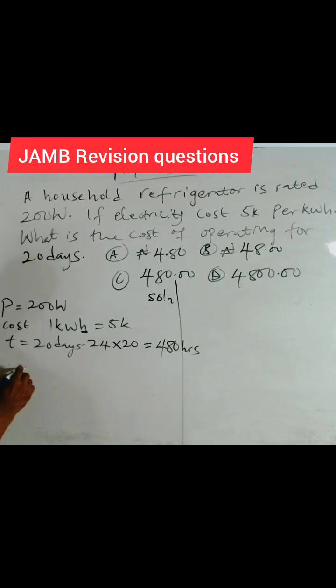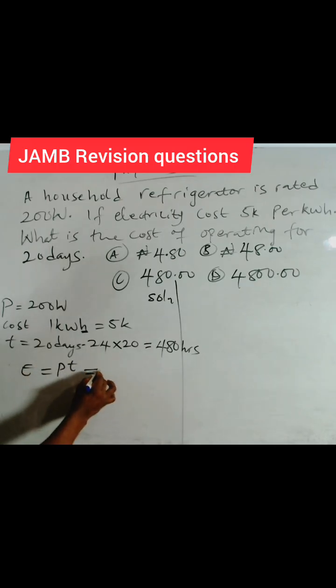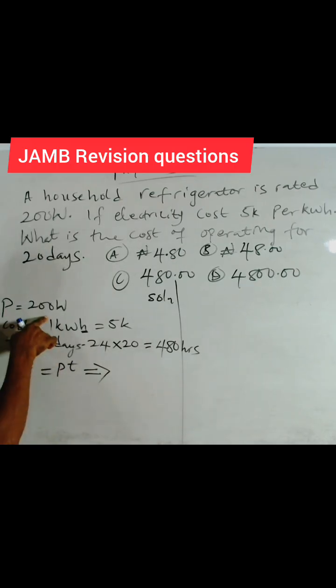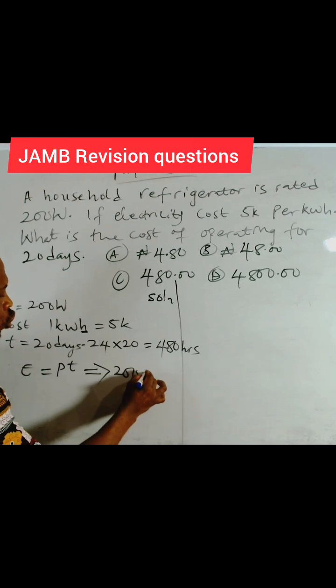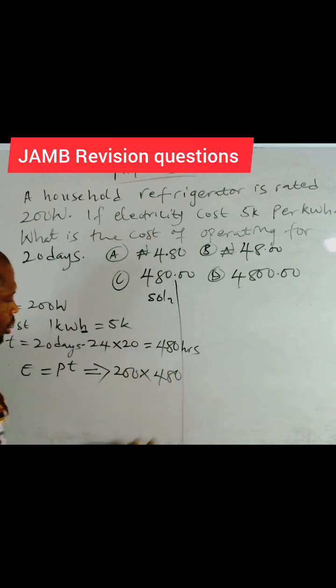Now, the formula for energy is power times time, which will give us, the power is 200 watts, 200 multiplied by 480.